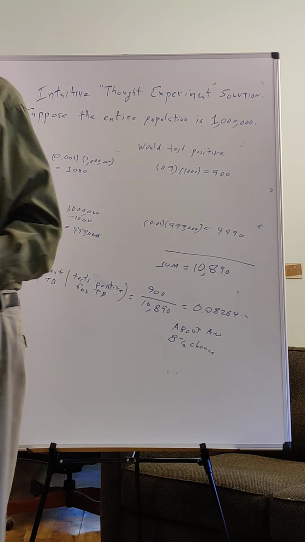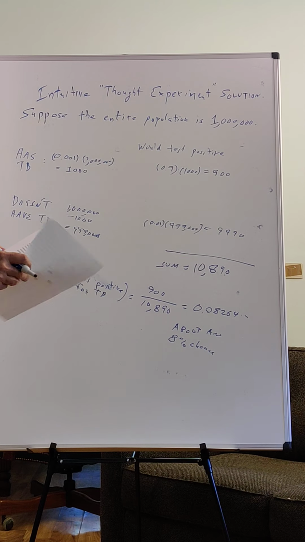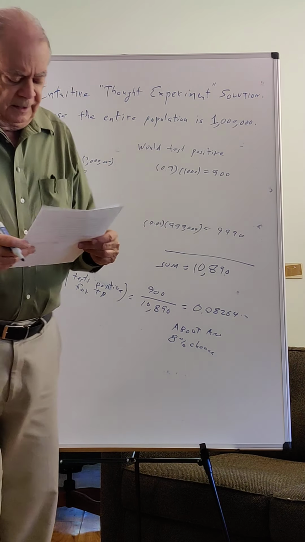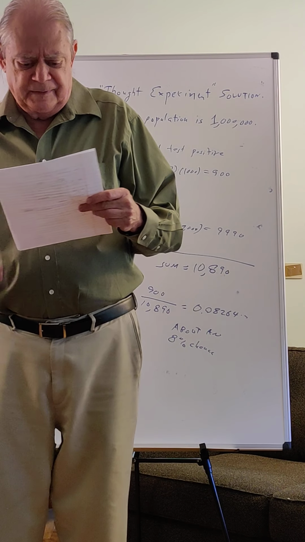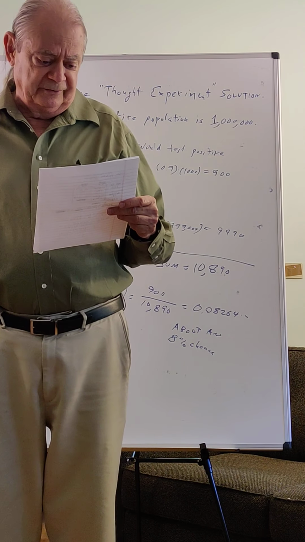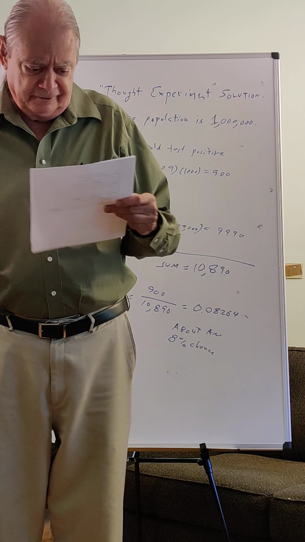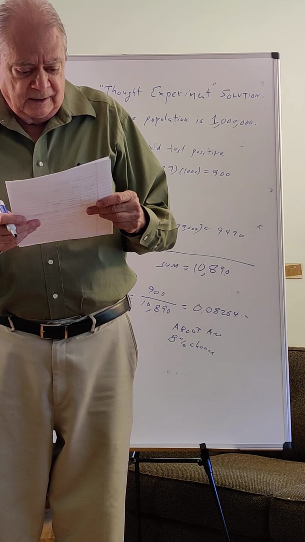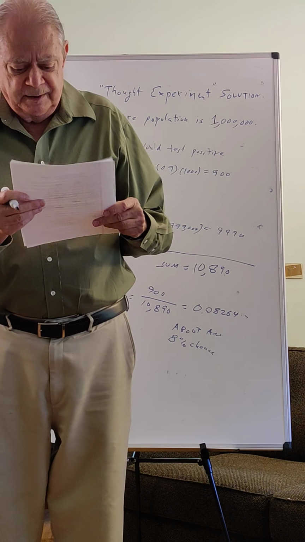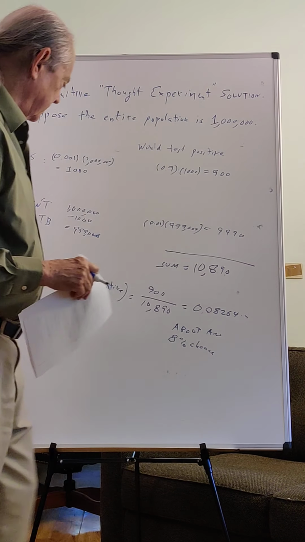Now, that answer is counterintuitive. Think about it for a minute. It seems to be a good test. For patients who are infected, the test is accurate 90% of the time. For patients who don't have TB, it's accurate 99% of the time.